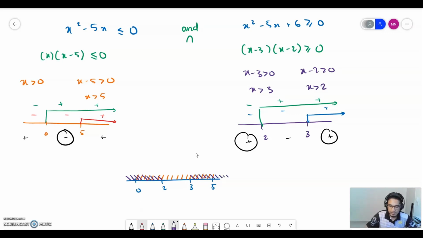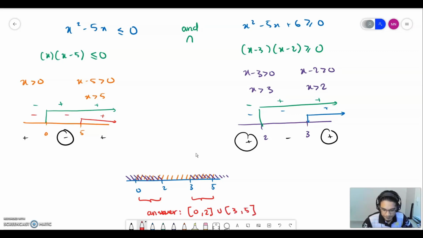That means the area that intersects is between 0 and 2 and between 3 and 5. So our answer is from 0 until 2, union 3 until 5.